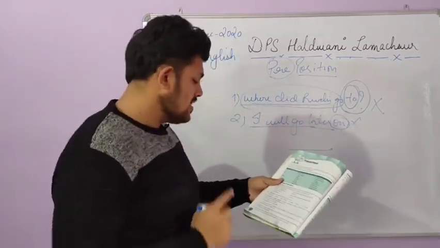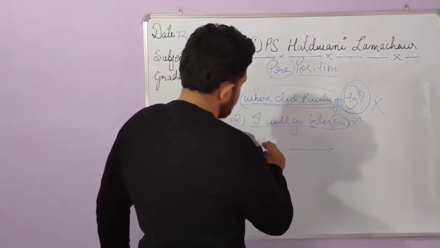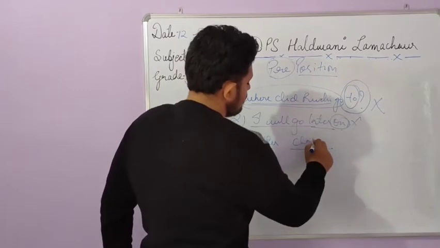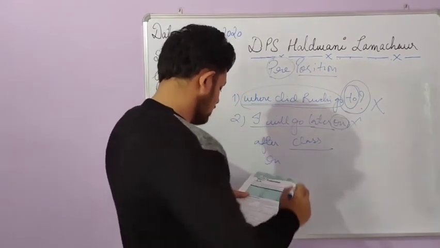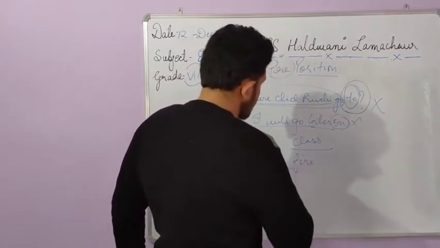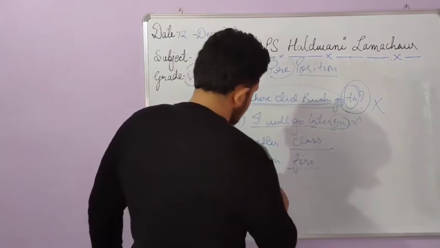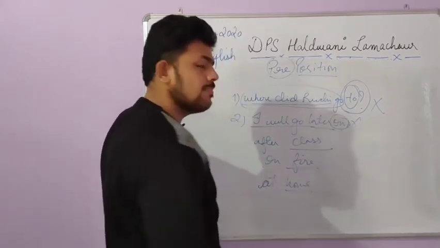How? See, after class. After is a preposition, class is a noun. On fire. Fire is a noun, on is a preposition. At home, home is a noun, at is a preposition.